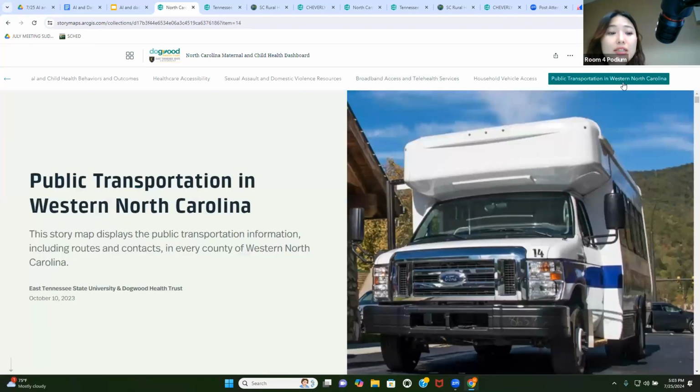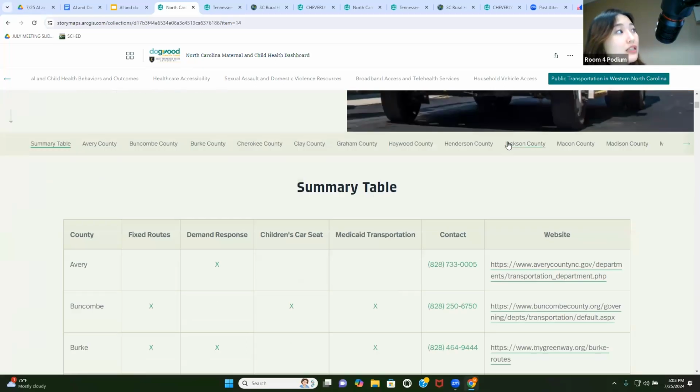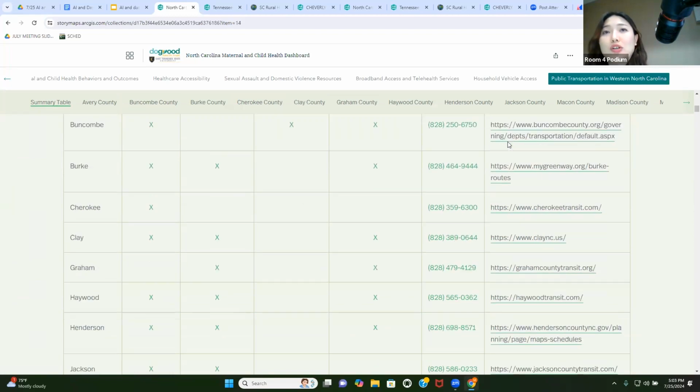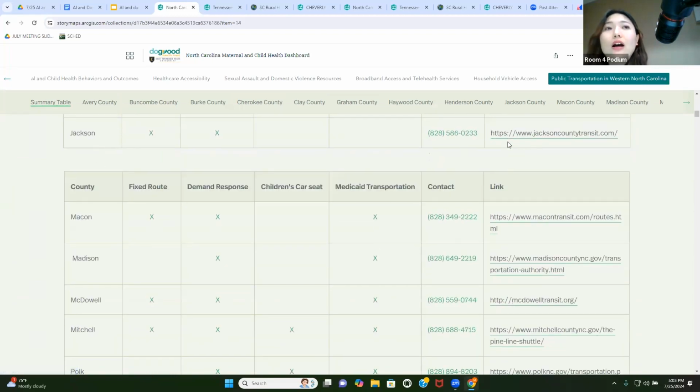And for the public transportation one, we called the department of transportation for each county to see whether they have fixed route, demand response, car seat, Medicaid transportation, and contact information. So this is labor heavy. We have to call one by one. This one we actually started last year, and we keep updating because ACS data has been updated.